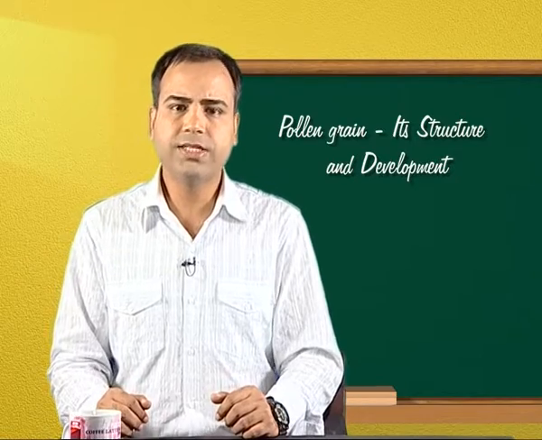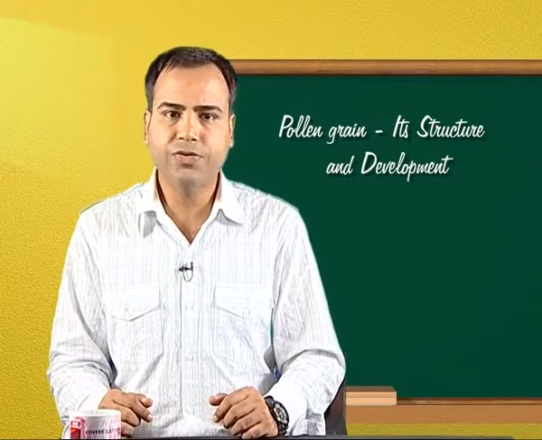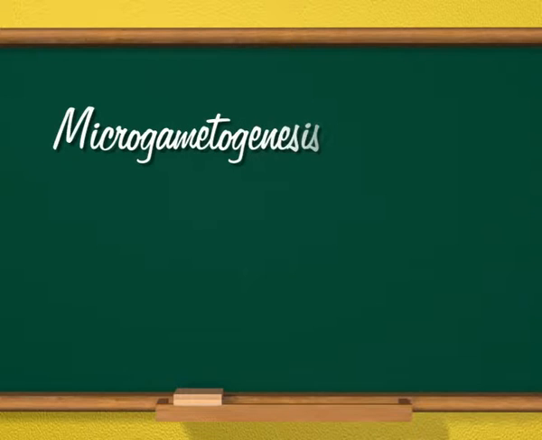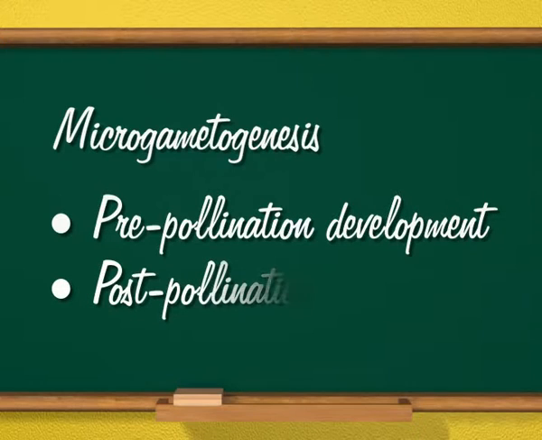My next question is, name the stages of male gametophyte development. Answer is development of male gametophyte, which is also known as microgametogenesis, is divided into 2 phases, pre-pollination development and post-pollination development.